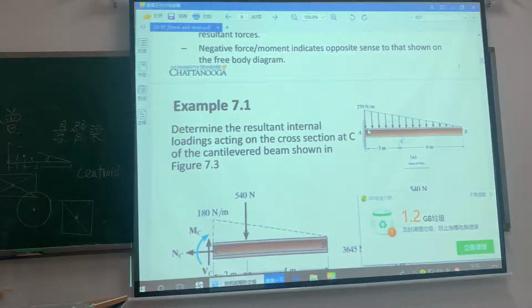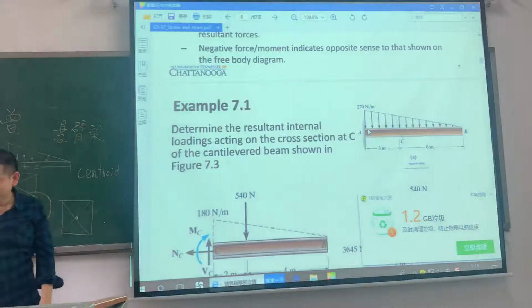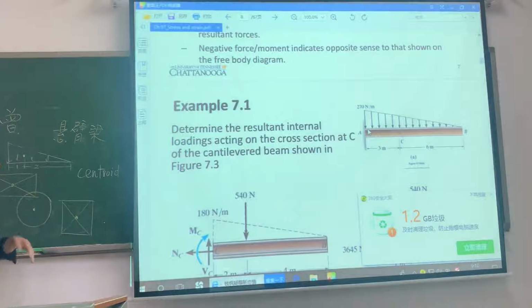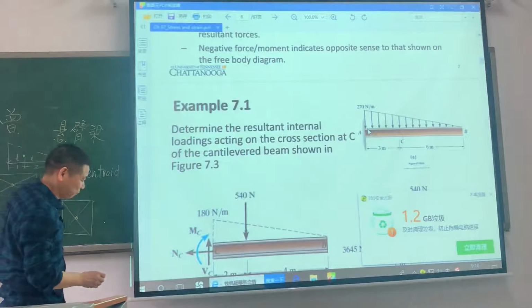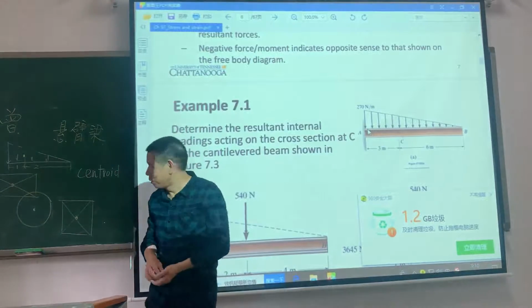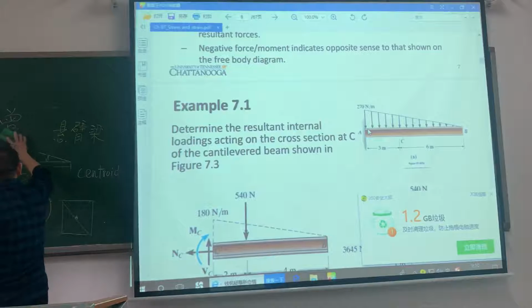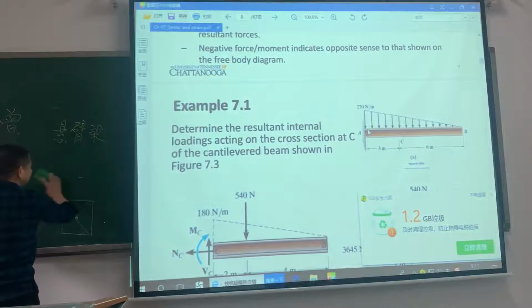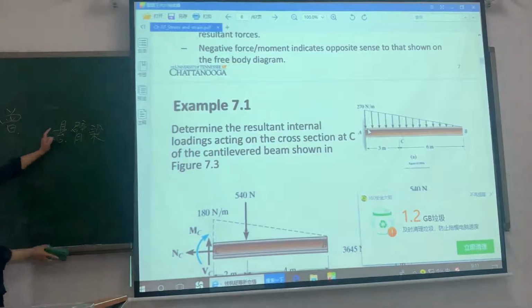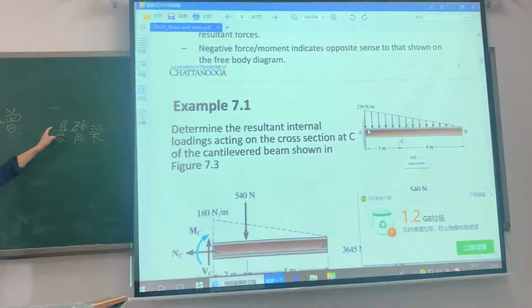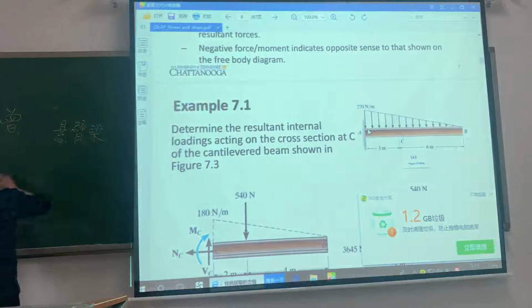Can you write it? So, the character is hard to write. Yes, okay.